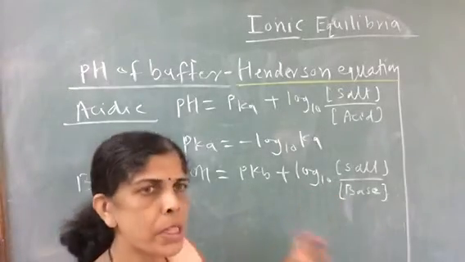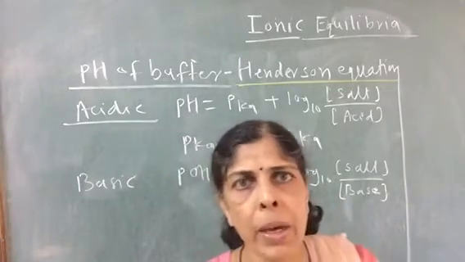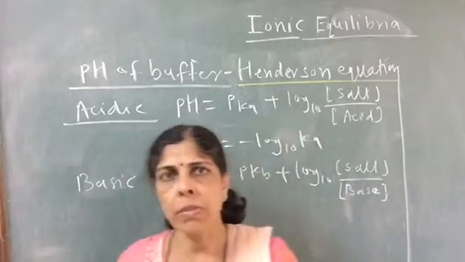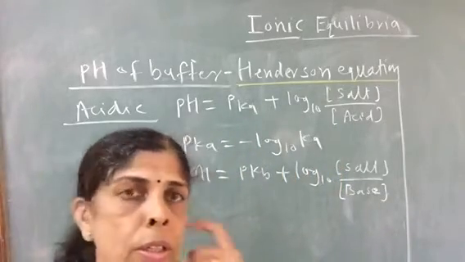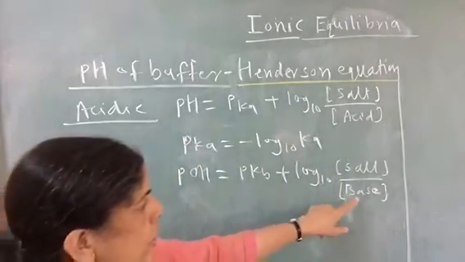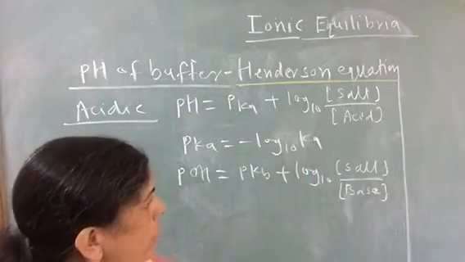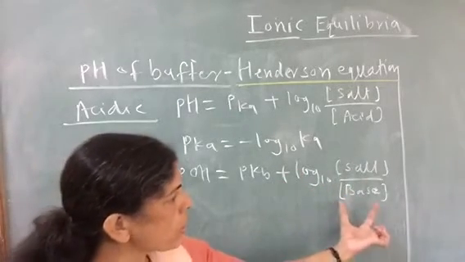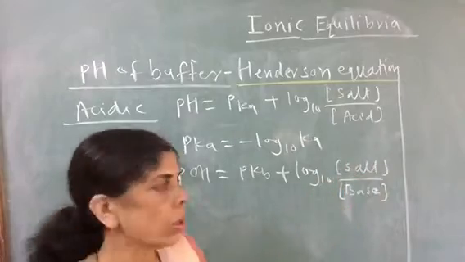Because basic buffer is also a mixture of weak base and a salt of the same weak base with strong acid, isn't it? So you are going to substitute here concentration of base and concentration of salt.